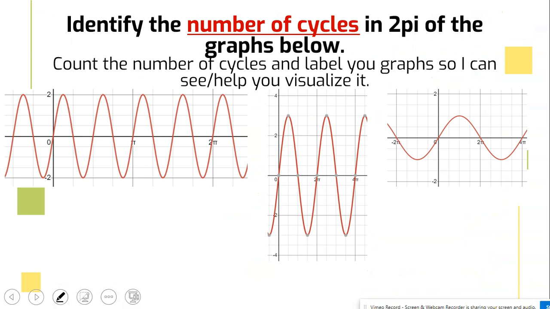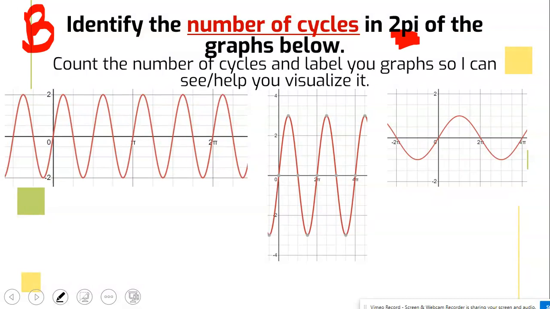So our goal right now is to identify the number of cycles in 2 pi. We're identifying B right now. How many cycles of the sine graph are in 2 pi? In order to do this, we need to find where 2 pi is on our graph.